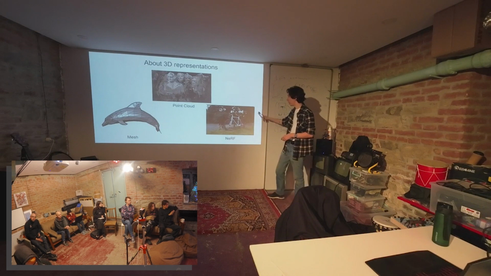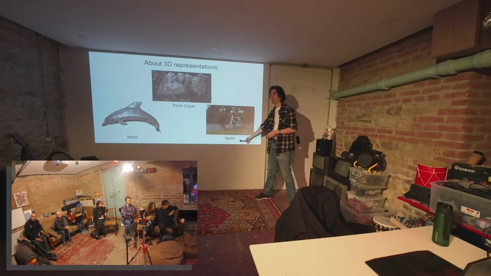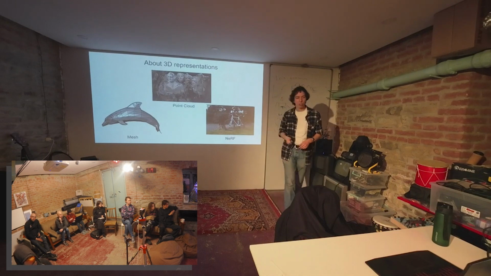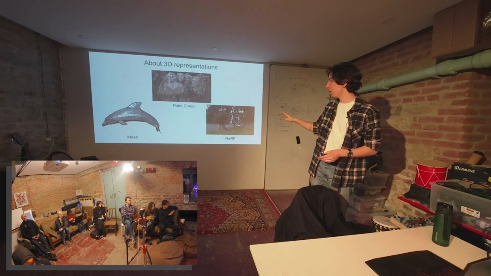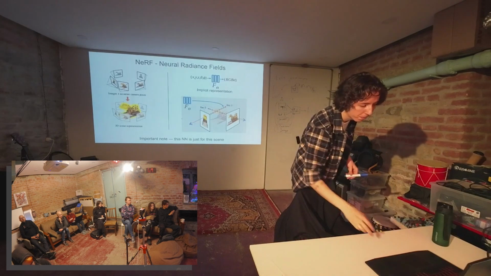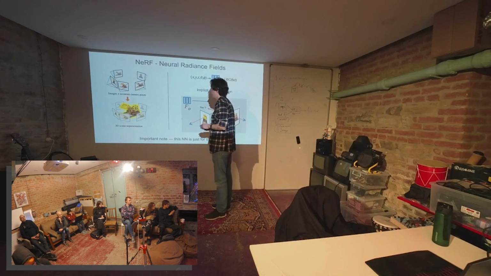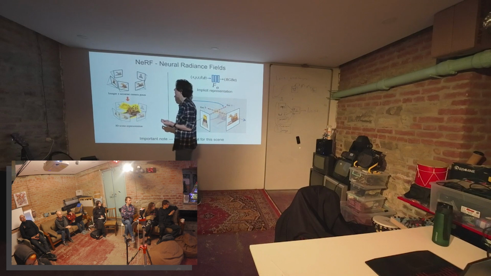This is another, very modern way of representing 3D objects. I'm going to describe how it works because it's very much based on machine learning. My favorite slide. Before, in a lecture, I was talking about 3D reconstruction. It's the problem where you have many photos of an object, and you want to get the 3D model of the object.